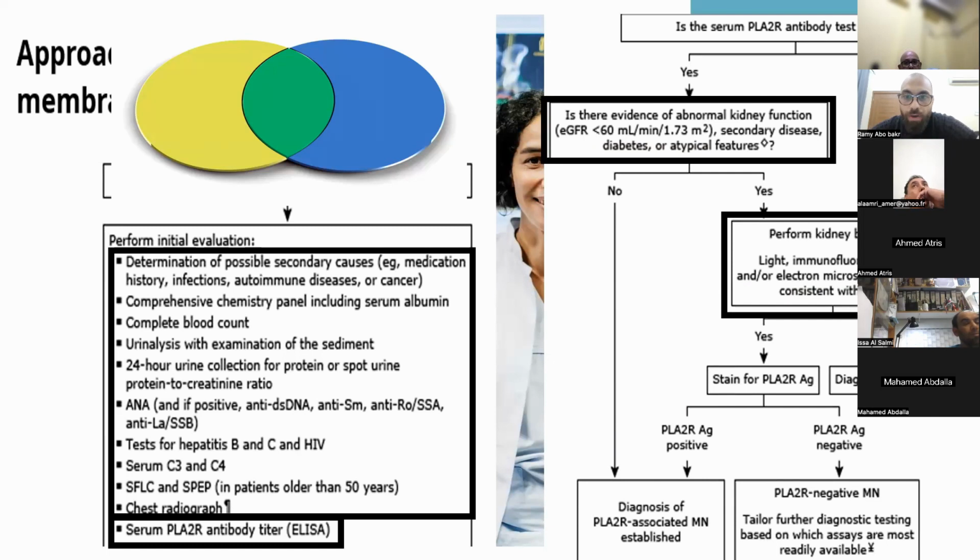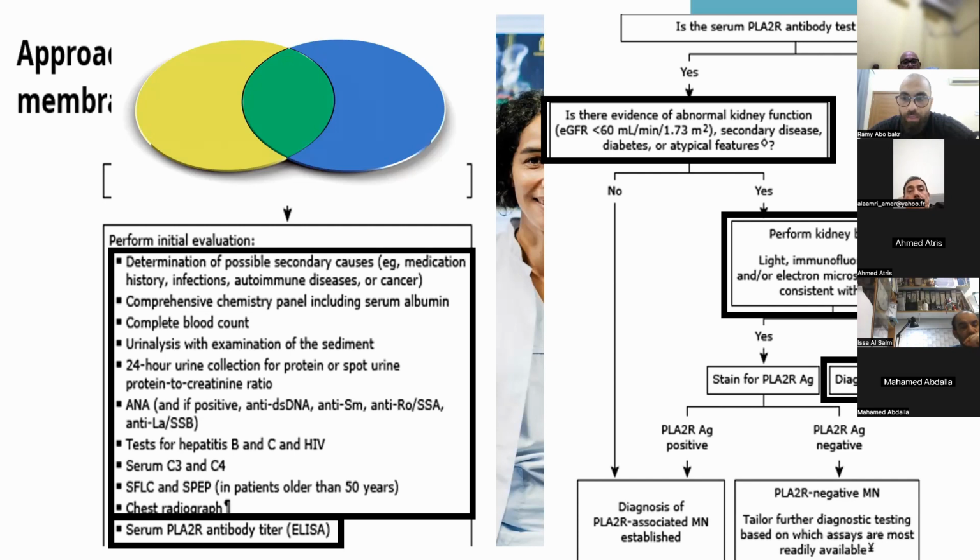If you have abnormal GFR, or suspicion regarding a secondary disease, or the patient has diabetes or an atypical presentation, a kidney biopsy can be considered. According to the finding, if it is phospholipase positive in the pathology, now it's a primary membranous based on serum and histopathology, and you can start treatment or decide on your management.